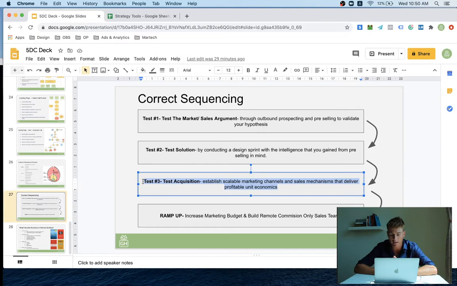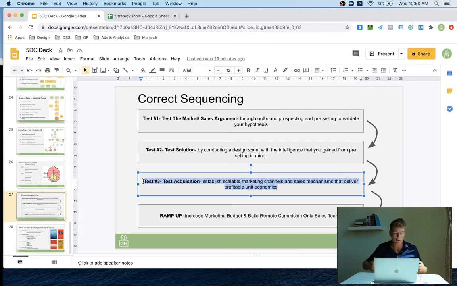Once I have that validation, I will then be able to ramp up. It's all about testing on low budgets. We recommend around $100 to $150 a day to start off with on a small budget. And then once you have the acquisition numbers that make sense for you, you then have license to ramp up.